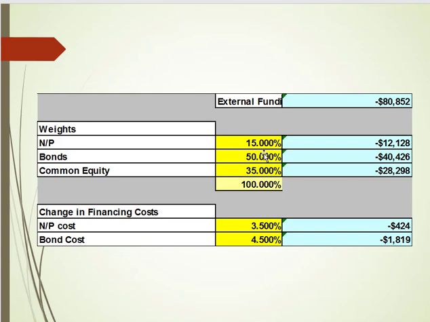So this is a little weird because it actually says we're going to have negative notes payable, which means we are investing short term in these notes payable. Negative $40,000 will reduce debt by $40,000, reduce common stock by $28,000. Here's the cost that we get from these fixed financing charges. So that's going to show us how we ultimately pay this off.